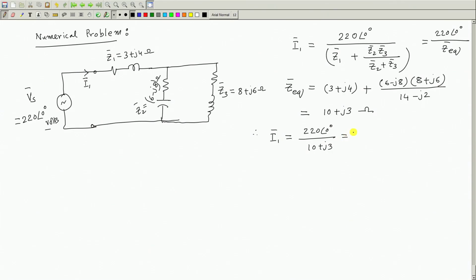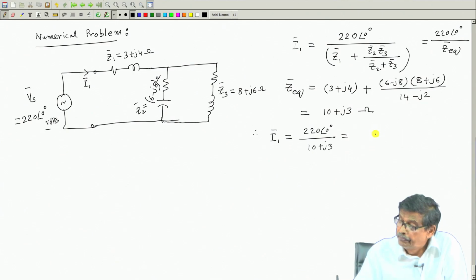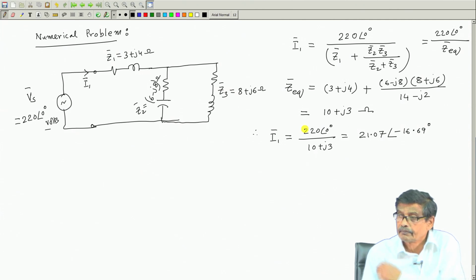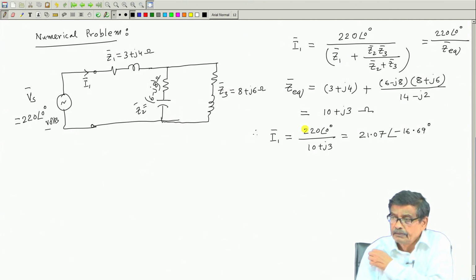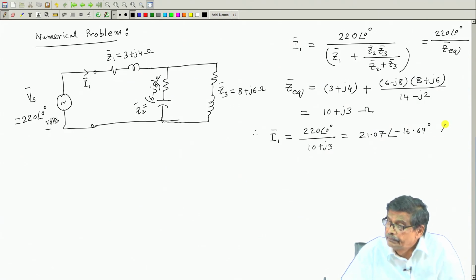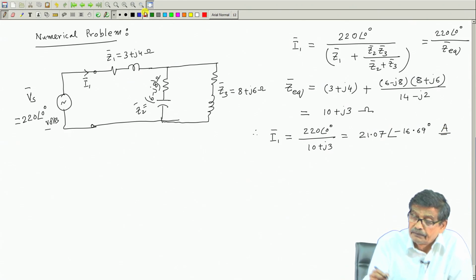If you calculate this, it will become 21.07 and the angle will be minus 16.69 degree, so much ampere. So, this is I 1 bar I have calculated.